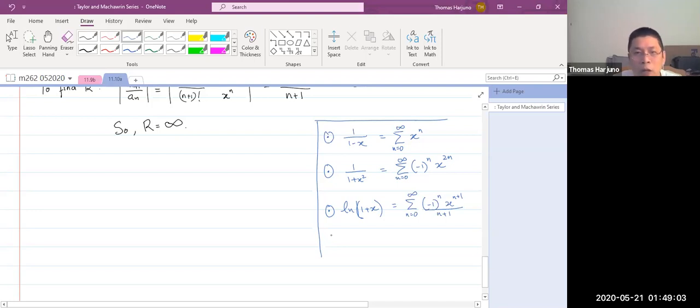And another one, from last section, tangent inverse of x is the integral of that, the series from 0 to infinity of negative 1 to the n, x to the 2n plus 1 over 2n plus 1.